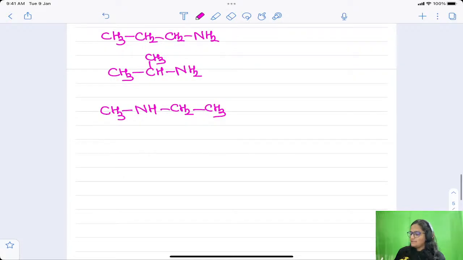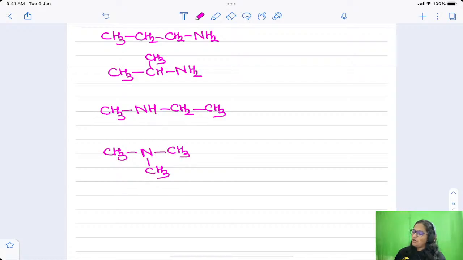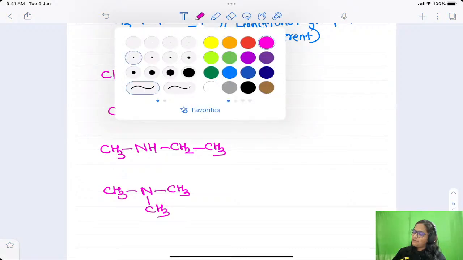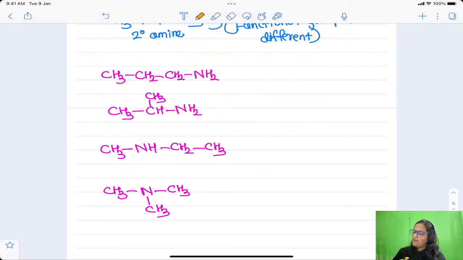Or it may be like this, CH3N(CH3)CH3. If you see all these different substances, all of them have the same molecular formula. What is the molecular formula for all? The molecular formula is C3H9N.